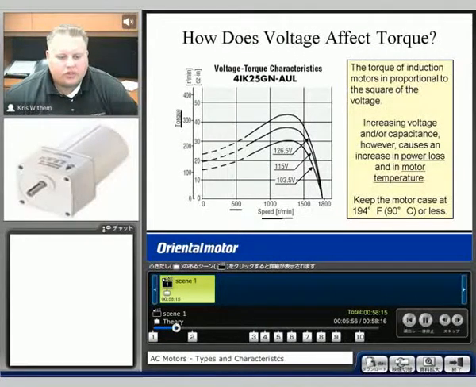So about 15 ounce-inches of torque. If we increase the voltage going up, we're increasing our torque along with our speed. Again, this is going to cause a situation where we get more torque and more speed. The voltage is going to rise and cause more heat buildup in the motor. Now, with heat buildup, you can damage the windings.